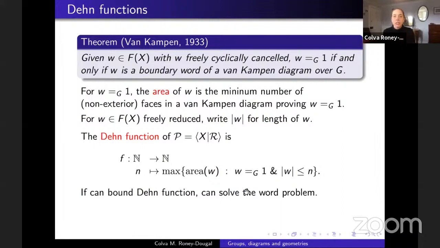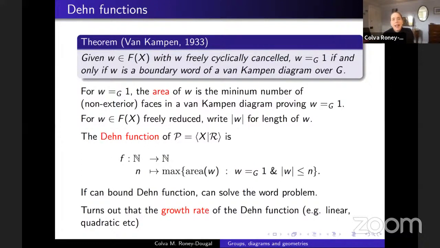The number of conjugates I need to take is its area. So the number of relators that appear is its area. If I know an upper bound on how many relators, I can also get an upper bound on how long the conjugating elements are, because they have to fit in one of these Van Kampen diagrams. And so I can make my algorithm say no as well as yes. I can tell when I've looked at enough words. This is not an algorithm you would ever want to run, but it would stop in theory.